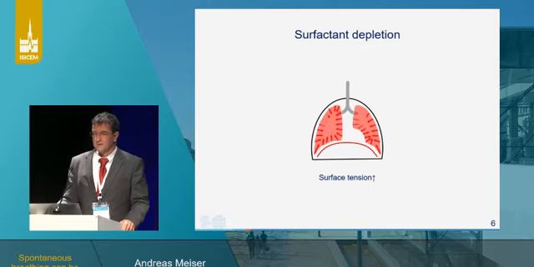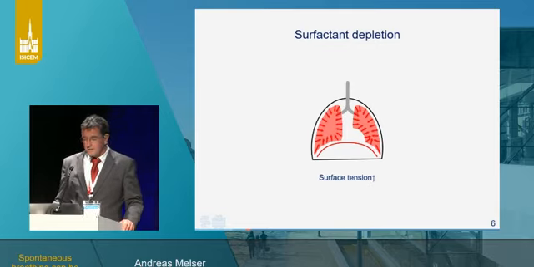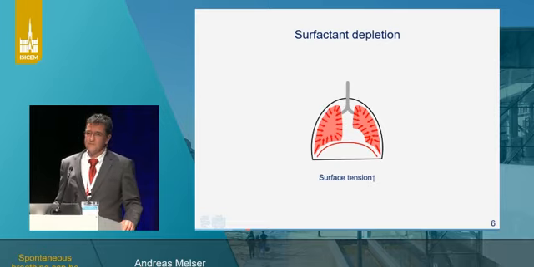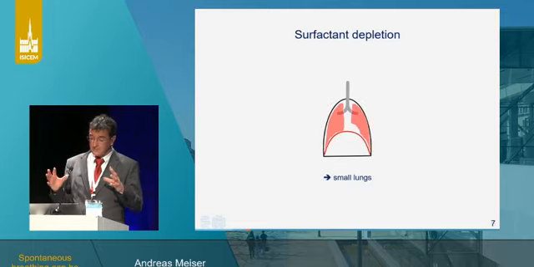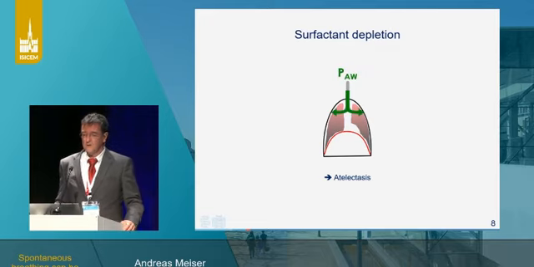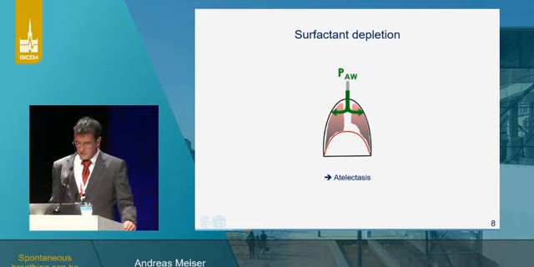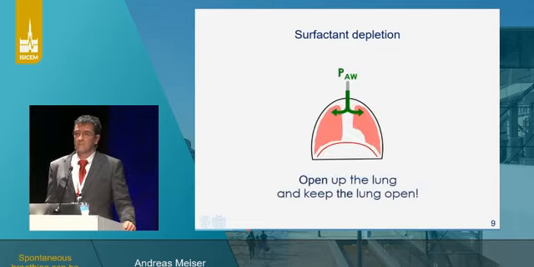This causes our lungs to collapse, and we would not be able to overcome this with our respiratory muscles. So the lung will shrink and become atelectatic, and what we need is airway pressure, to say it with the words of Burkhard Lachmann, to open up the lung and keep the lung open.